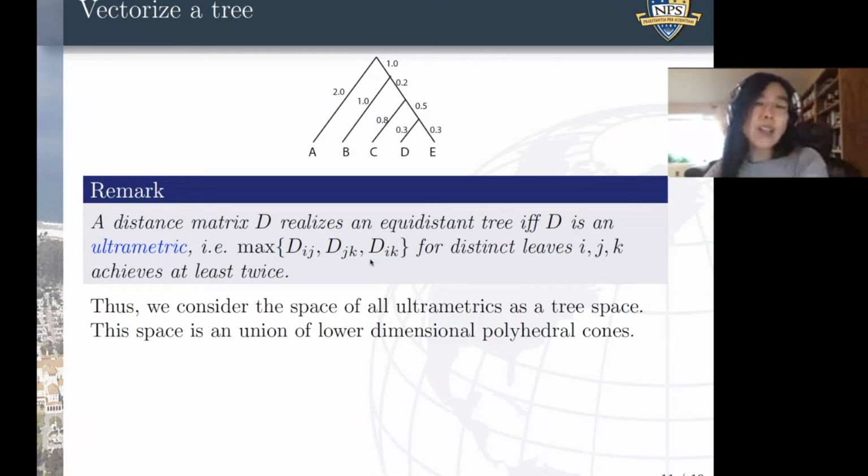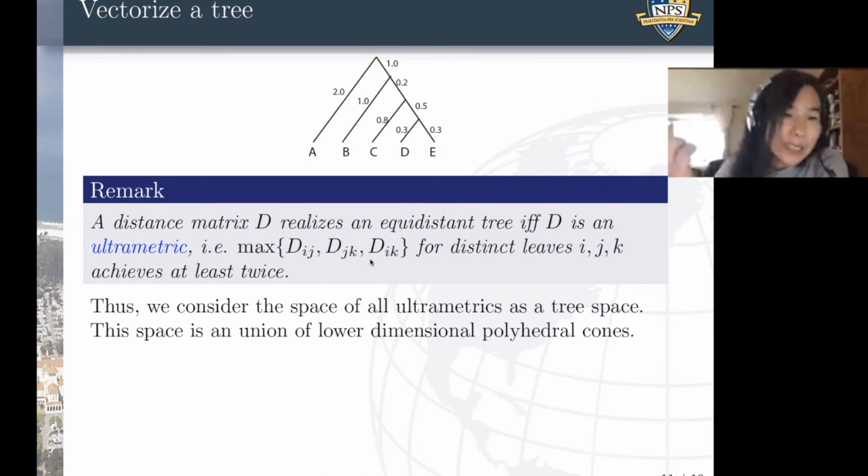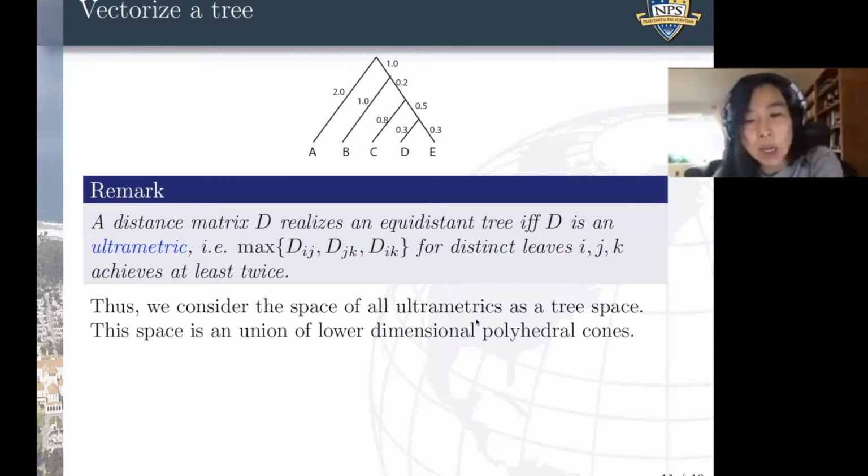So instead of looking at the space of all equidistant trees, now I look at the space of all ultrametrics, because that's a one-to-one correspondence. So this is equivalent. So now we look at the space of ultrametrics, and that's the other tree space.